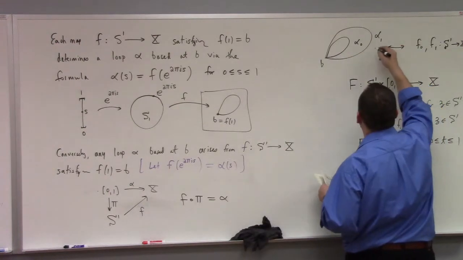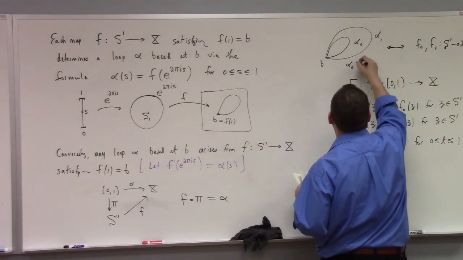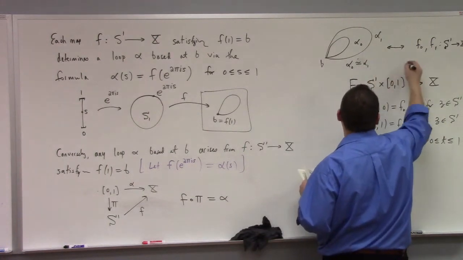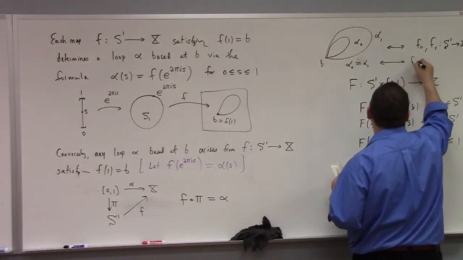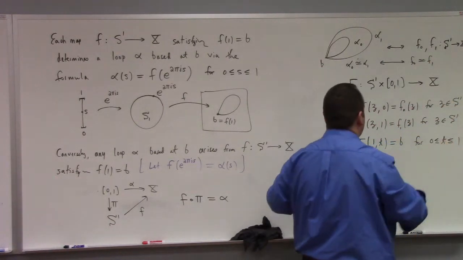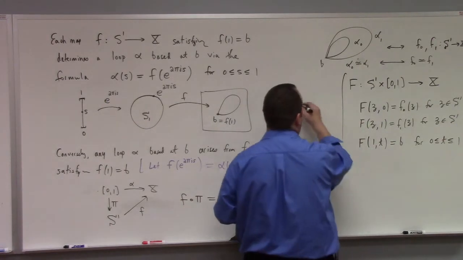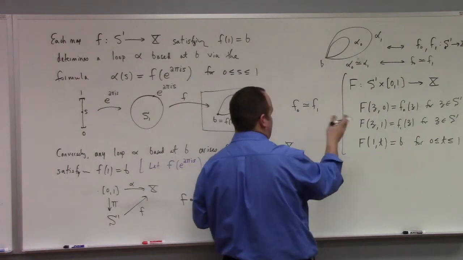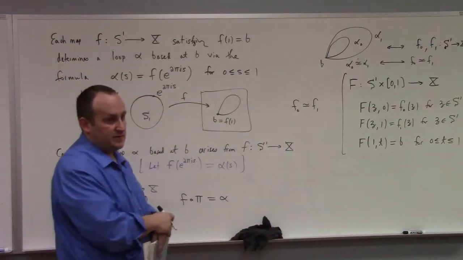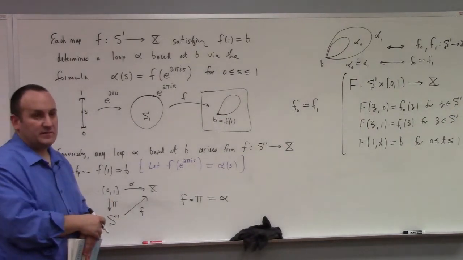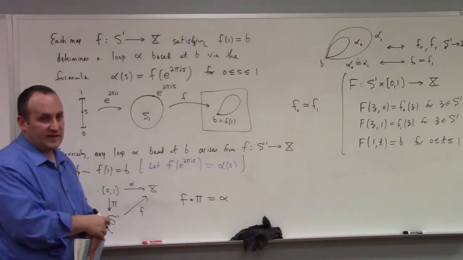In other words, alpha 0 is homotopic to alpha 1 is interchangeable with f0 homotopic to f1 in the sense we've defined here. This means that f0 is homotopic to f1 in the sense described for functions from the circle into the space, versus for functions with fixed endpoints on the space, the homotopy we talked about last time.